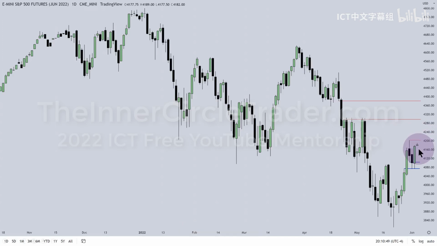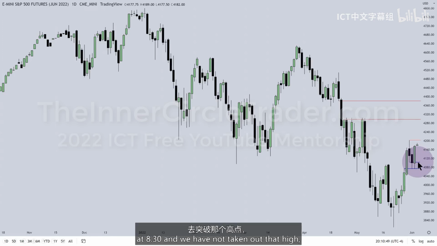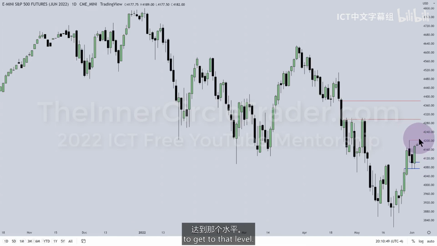But if it doesn't run out this high tonight, at 8:30, if we're above the fair value gap high here, in other words, the candlestick's low here, if we're above that level at 8:30 and we have not taken out that high, I would expect price to try to make an attempt to get to that level. It doesn't need to go through it. But the bias would be, I would expect that to be attempted.